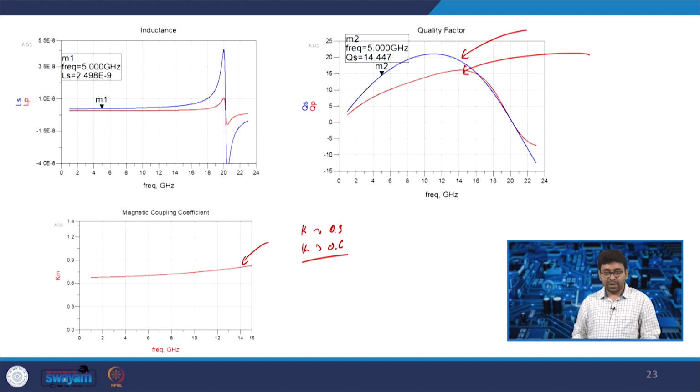So this is about the on chip transformer, and if we try to summarize all the points: the overall LC tank Q is limited by the quality factor Q of the inductor.